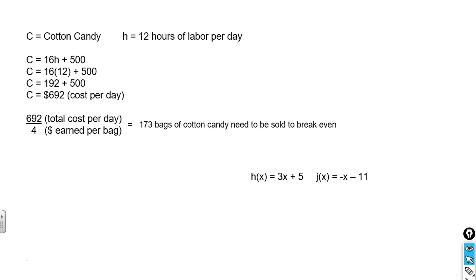They've given us these equations, and we're going to find the difference of those. So if we start with 3x plus 5 and we subtract the negative x minus 11, remember when we subtract a negative, that's the same thing as adding. So we have 3x minus a negative x gives us 4x, and 5 minus a negative 11 gives us positive 16.